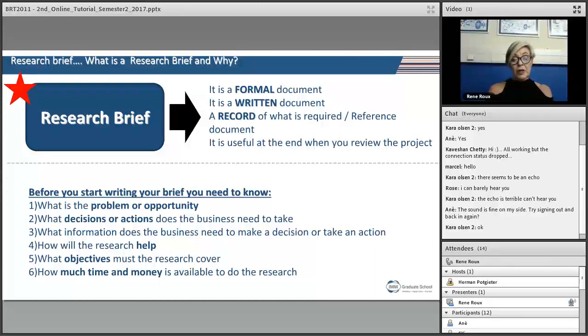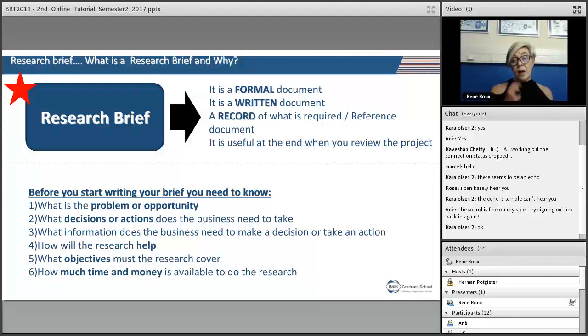When you review the project to understand whether it was successful or not, you go back to your research brief. What were the requirements? And did you meet them? So, like I said, before you can start with the brief, you really need to know what the business problem or the opportunity is.